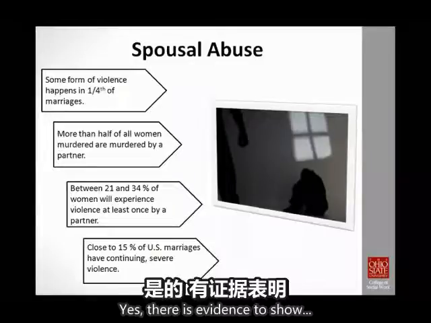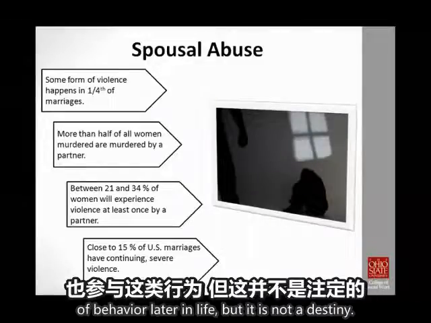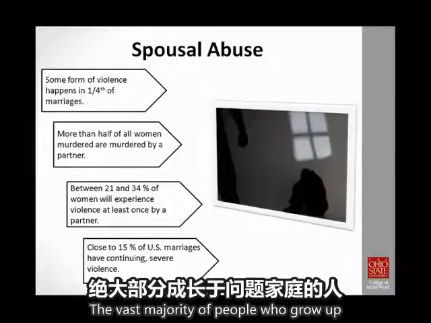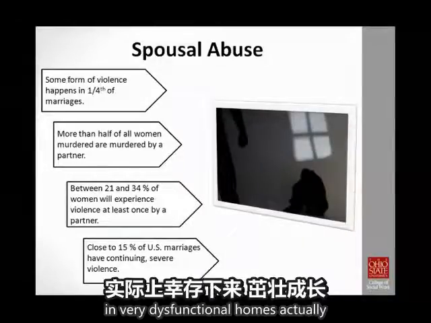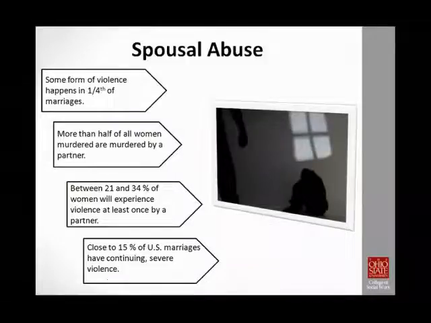Yes, there is evidence to show that that puts an individual at risk for participating in that kind of behavior later in life, but it is not a destiny. The vast majority of people who grow up in very dysfunctional homes actually survive and thrive in adulthood relatively well.